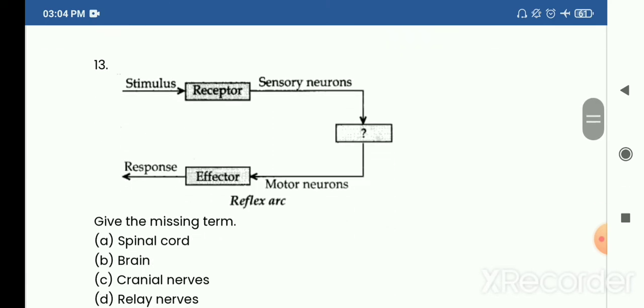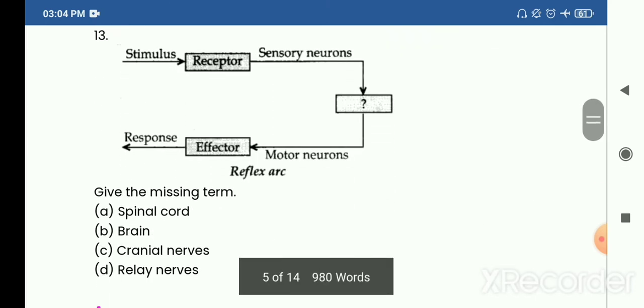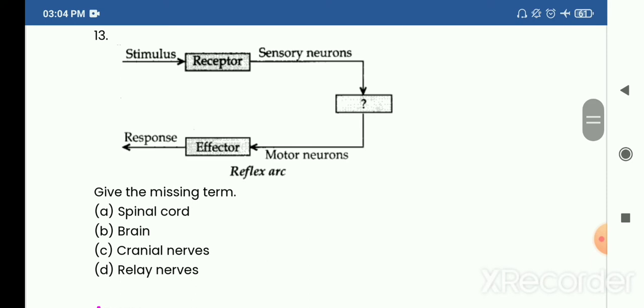Next, question number 13. Here there is a diagram: the stimulus is received by the receptor, then it is transported by sensory neurons to where there is a question mark. Then from that part the motor neuron takes the stimulus and travels it to the effector, and then the response is seen. So what is the answer in that box?